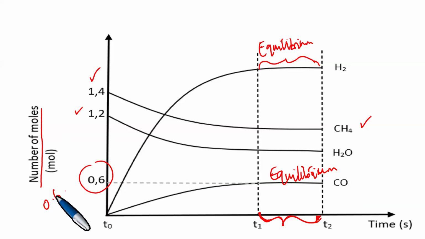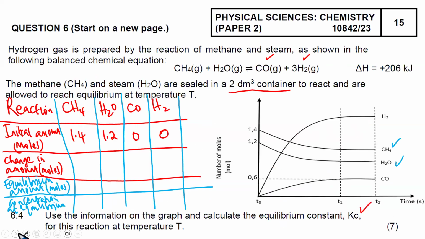So we have 0.6 moles of carbon monoxide at equilibrium. Put it in the right block, 0.6 moles at equilibrium.